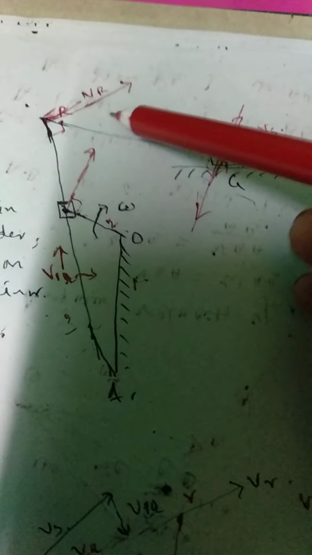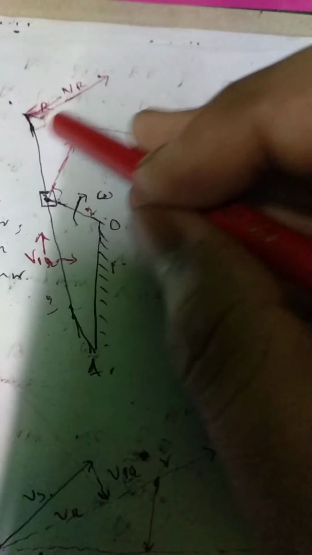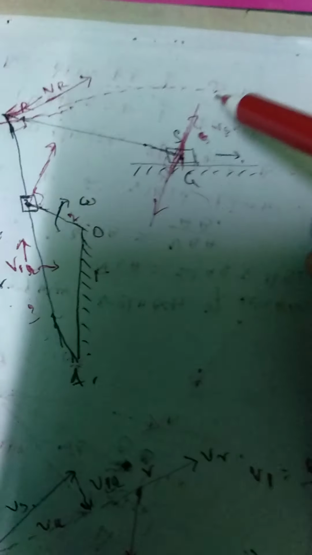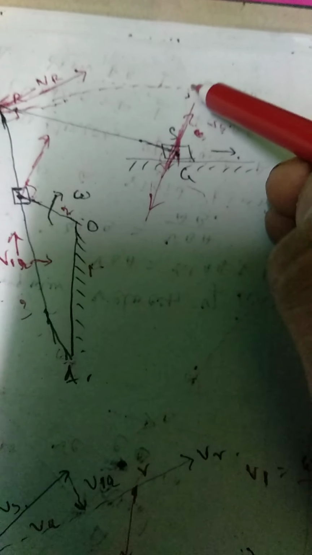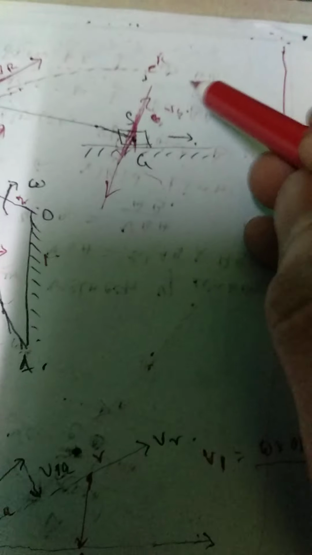Now this slider is moving in this manner, and it is yet to attain its maximum position. It will attain its maximum position at, suppose, this point R, and during that time the slider will also move to this point.